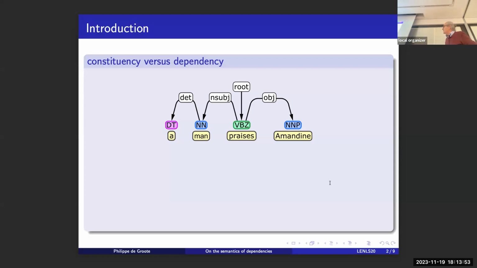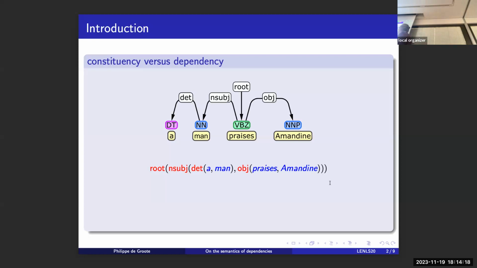Okay, so the first question was how could we represent this by a term? And the idea is very simple. We're going to use those edges, those relations, as a sort of two argument functions. Okay, and so we can represent this structure like this.